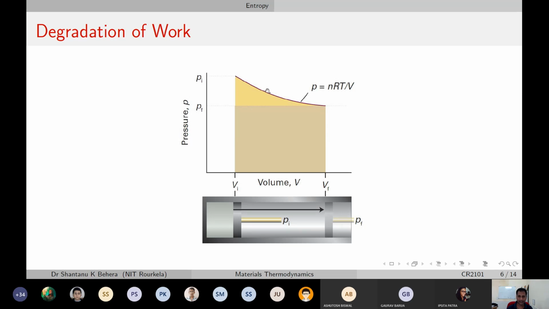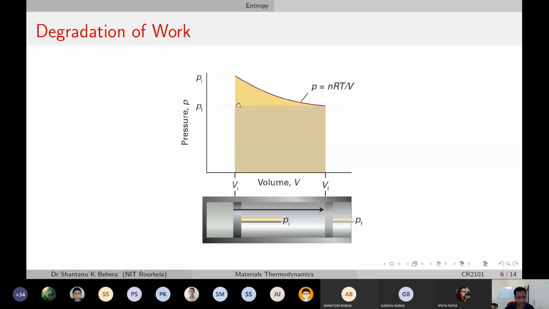Here you go like this, or you go like this. But there are places in between where you can come from Pi to Pf through, let's say, 5 different changes in pressure. Like you start from here and then you come here and you come like this.